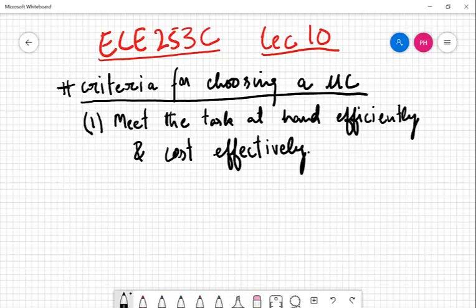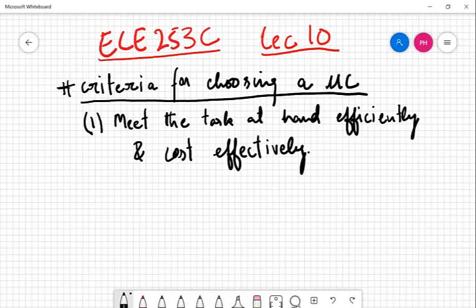So the first criterion for choosing a microcontroller is that whatever computing task we have at hand, the selected microcontroller should be able to deliver it efficiently and also cost effectively. And how do we judge whether a particular microcontroller will be able to deliver that task or not?